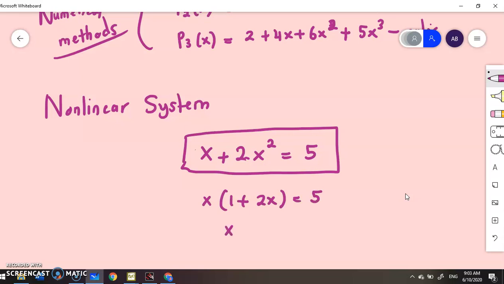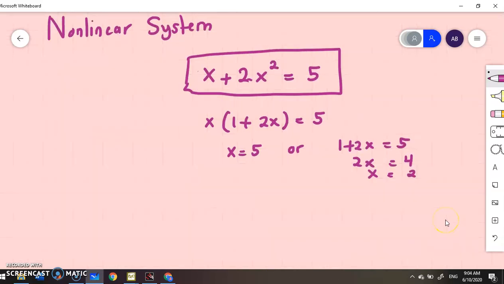So I have my x equals 5, or 1 plus 2x equals 5. 2x equals 5 minus 1, which is 4. So x equals 2. That's not that complicated. I can find x.